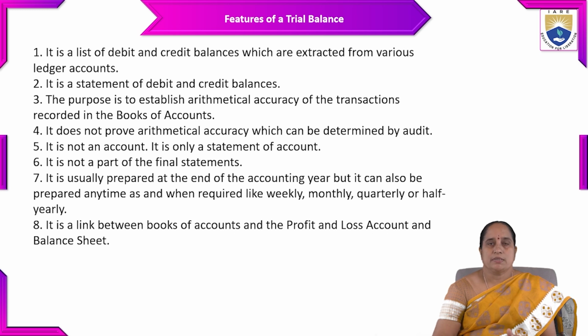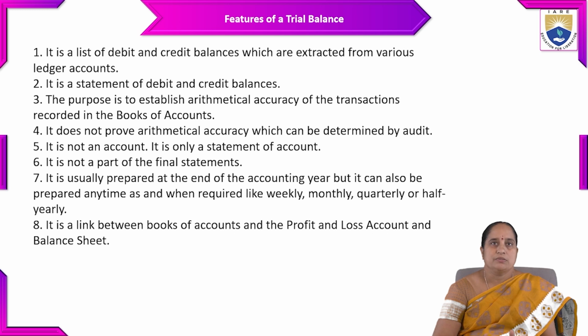Whatever transactions we enter into a journal and into a ledger, we check whether the data is correct and accurate or not. Fourth, it does not prove absolute accuracy, which can be determined by audit.